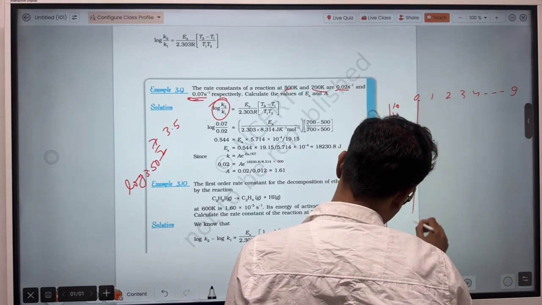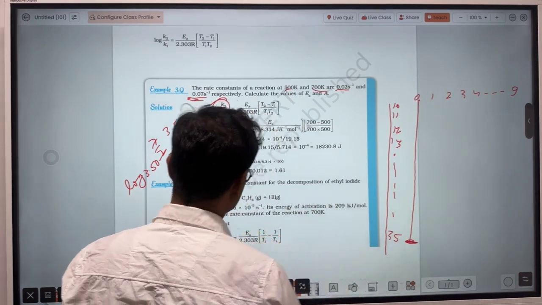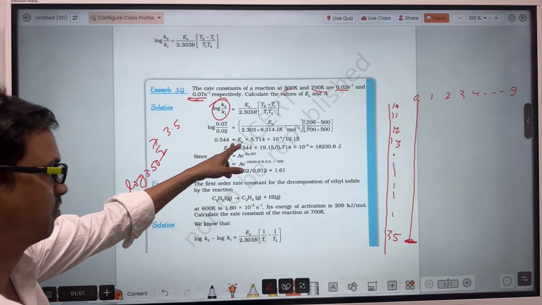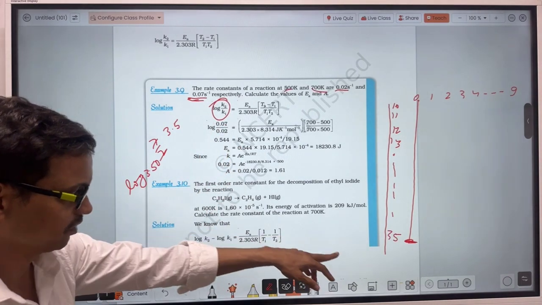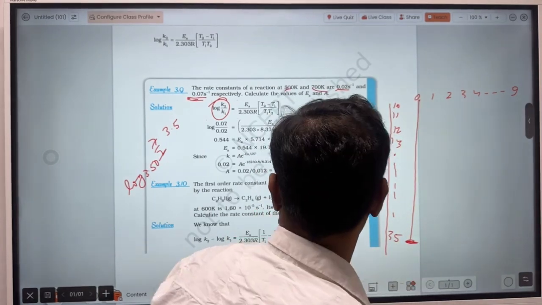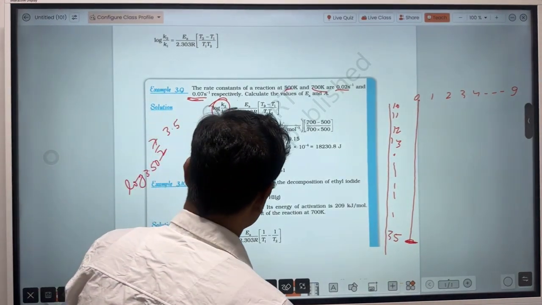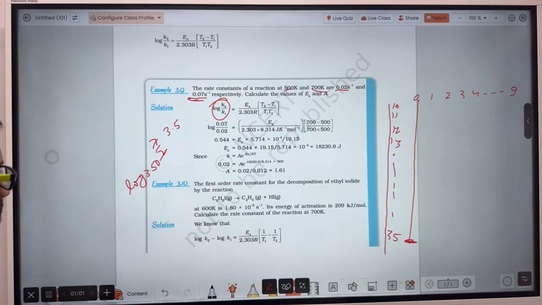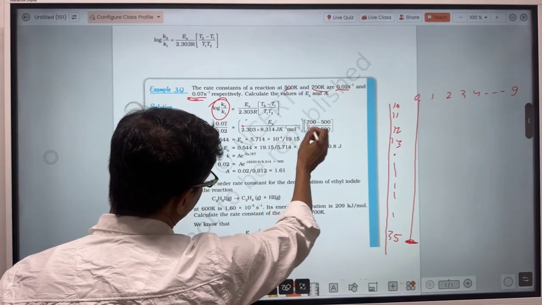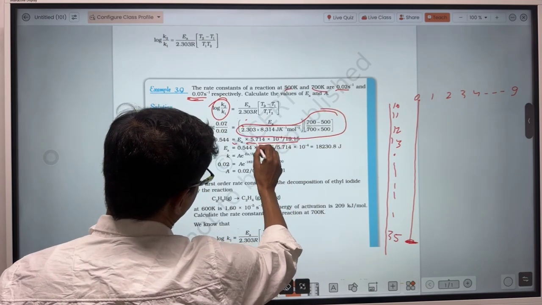So you look at 0 of 35, this value, and put a decimal after it. That will be 0.544. There was 544 in the log table. In the log table, 0 of 35 will be 544, so put a decimal after the digit: 0.544. This is equal to the calculated value, and after this calculation Ea becomes this one.